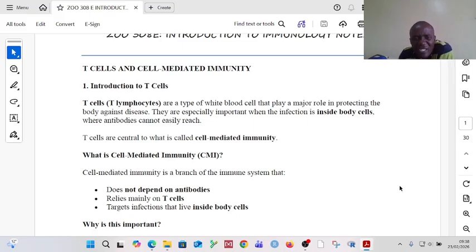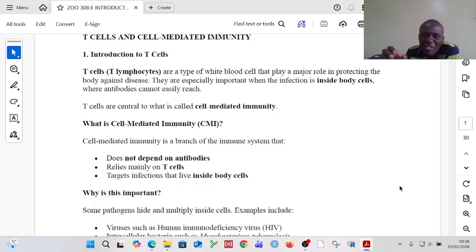So what is this cell-mediated immunity then? This refers to a branch of the immune system which does not depend on antibodies, but relies mainly on the use of T cells. And by doing so, it targets infections that are found living inside our body cells.